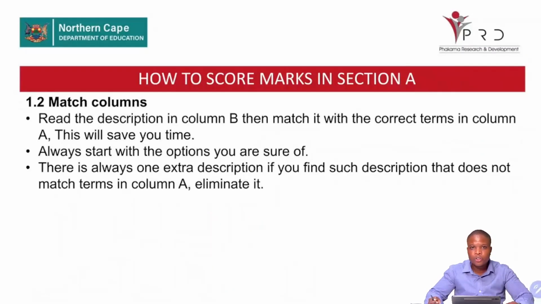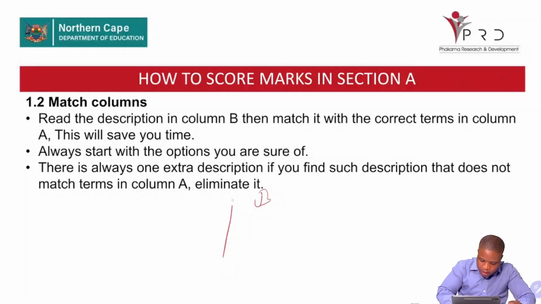For 1.2, you are matching columns. So the easy way for you to get marks is to start with what? Column B. Read the statement. After reading the statement, the statement says to you the relationship between unemployment and inflation. Already you're thinking Phillips curve. So it's easy for you to move from this is B, this is A. Column A is a statement, a full sentence, a full sentence.